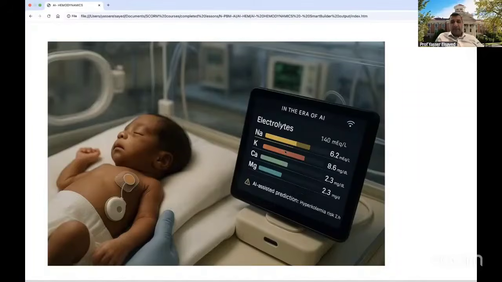You can know exactly, 24 hours, 7 days, all the time, what the electrolytes are and how we can intervene, and you can do much less frequent blood samples.